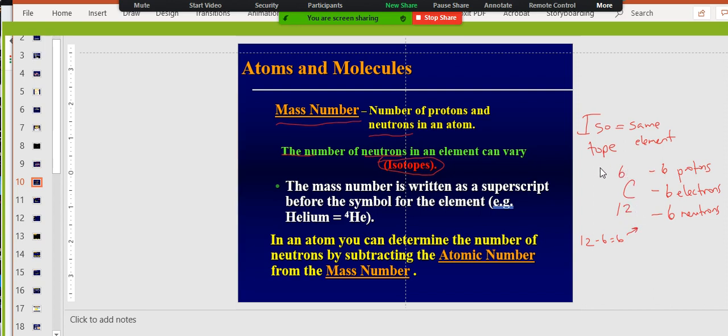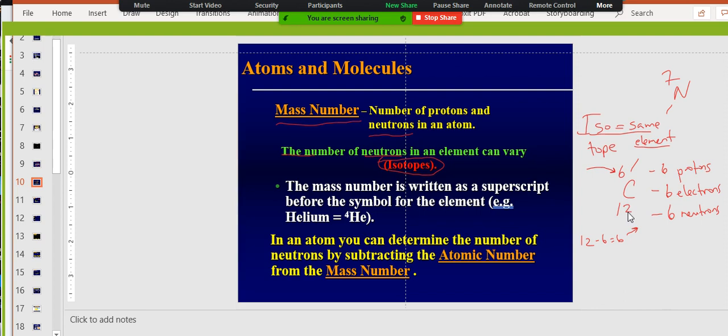Now, if I could add a proton to this, would it be carbon? No, it would become nitrogen, because nitrogen's 7. So I can't do that and keep it the same element, right? But if I want to change its mass and keep it the same element, I can add another neutron.